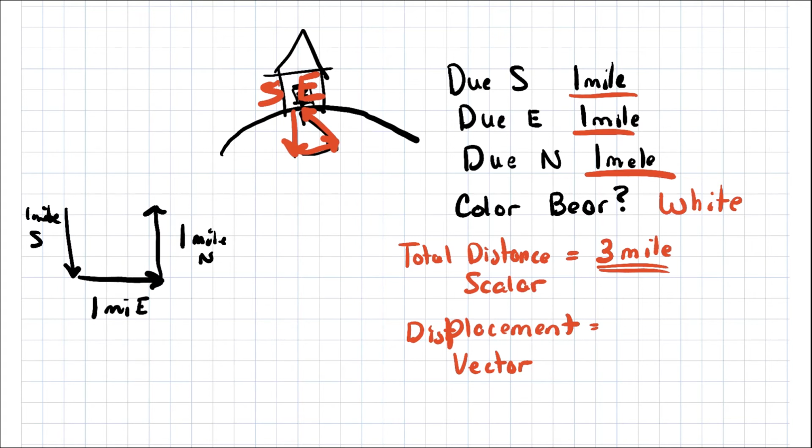Well, if they started at the front door and they ended at the front door, their displacement was 0. They were 0 miles away from their originating position.